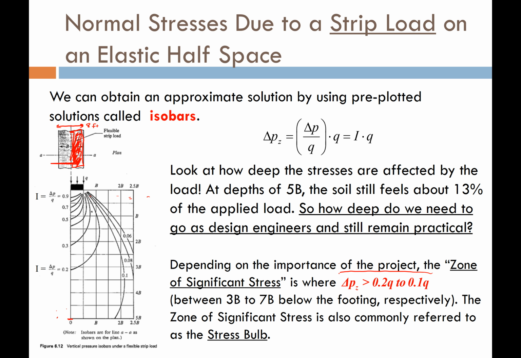So generally, geotechnical engineers assign the zone of significant stress as anywhere where our induced vertical stress is going to be between 20% to 10% of our applied load on the ground surface.